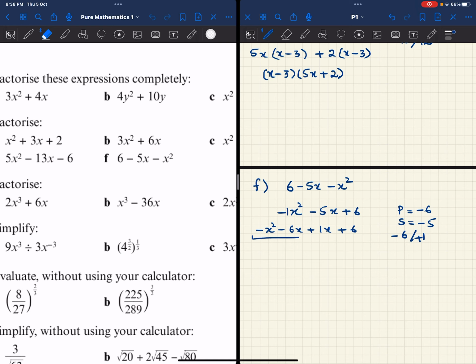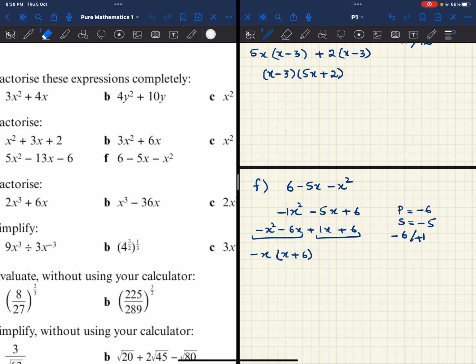We remove common from the first two terms and from the last two terms. We have minus 1 common, minus x common. What is left inside is x plus 6. So when I remove the minus sign common out, the sign inside is positive now because minus into plus gives me minus.